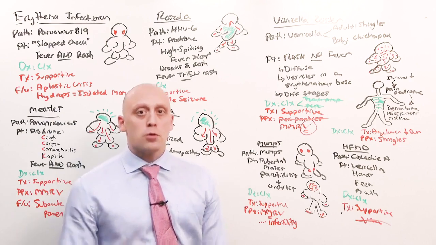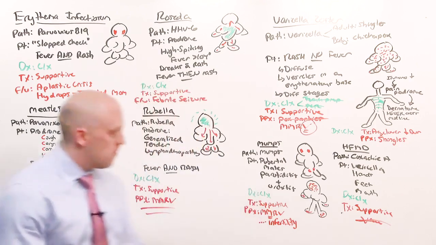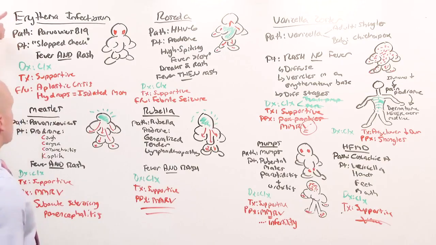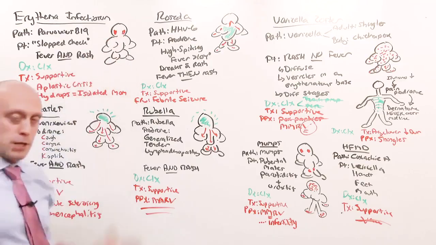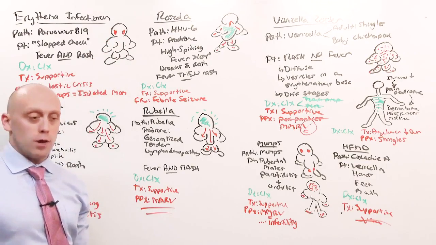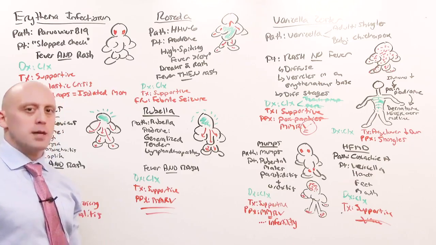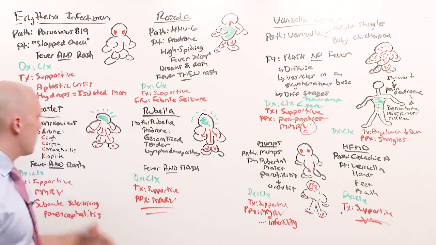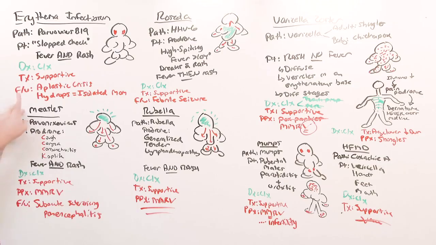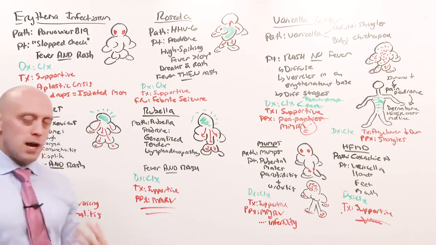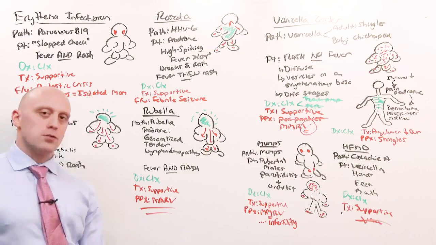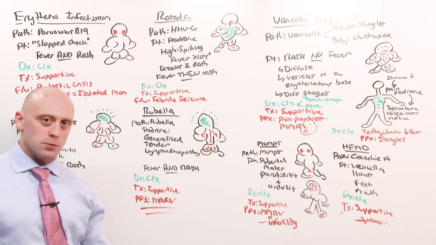Step back, go through the highlights of each one. Erythema infectiosum, slap cheek syndrome. Look for the red rosy cheeks in a picture of the baby. Watch out for hydrops fetalis, isolate mom, and aplastic crisis, sickle cell disease. Measles and rubella are going to be a rash that starts on the face and goes down the chest and arms.